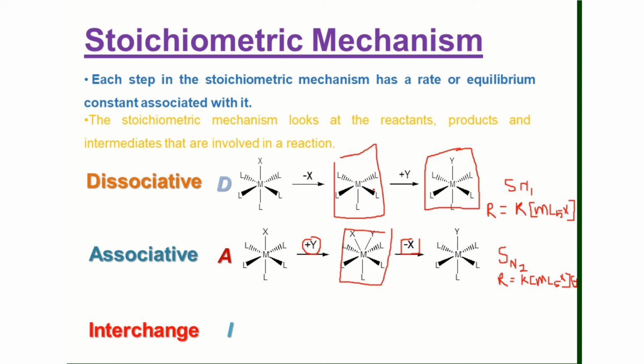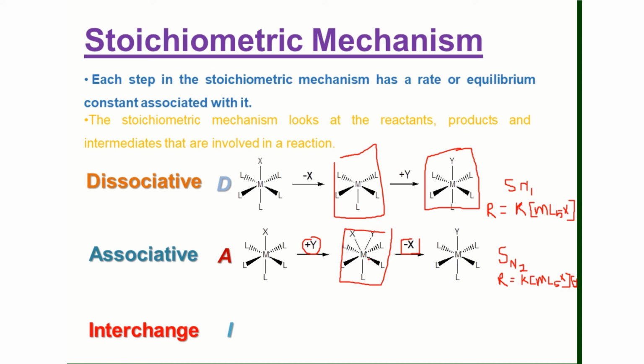And should there be evidence of the intermediate having an increase in coordination number, then we know that we are dealing with the associative mechanism.